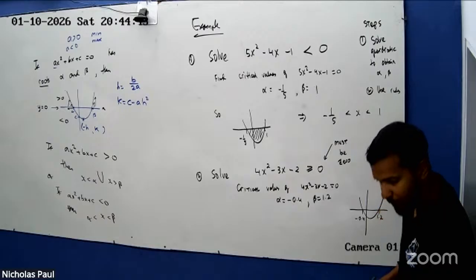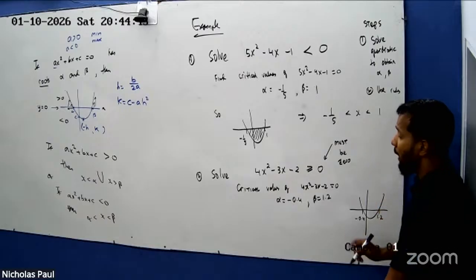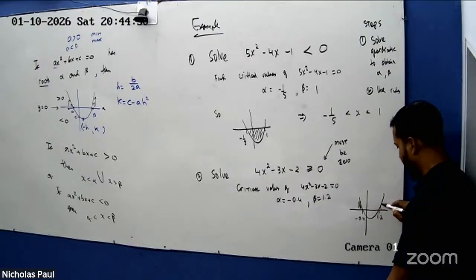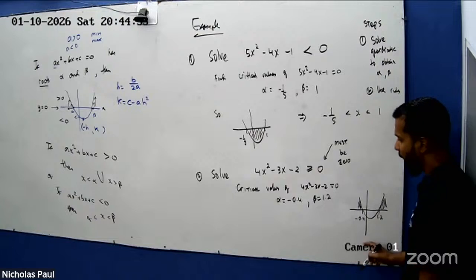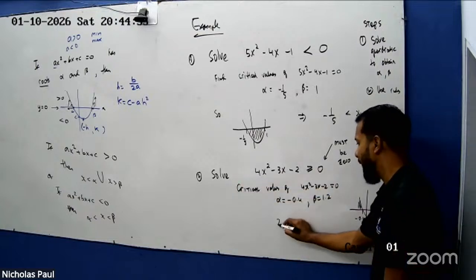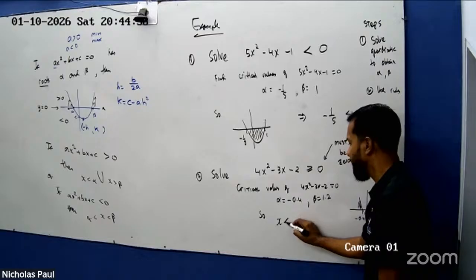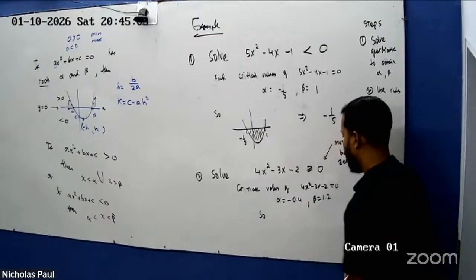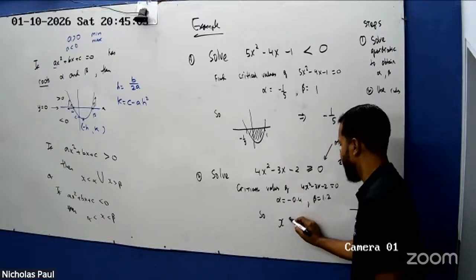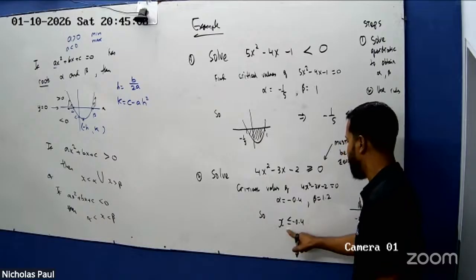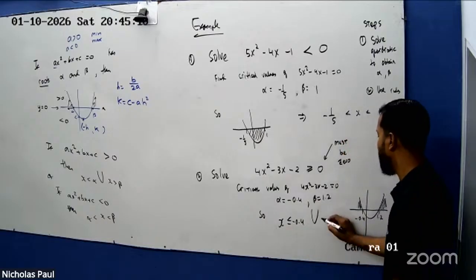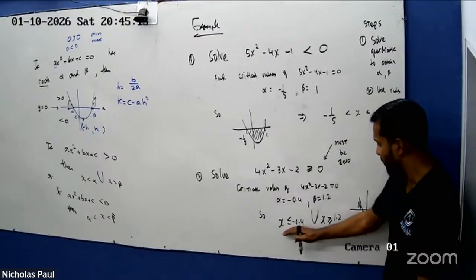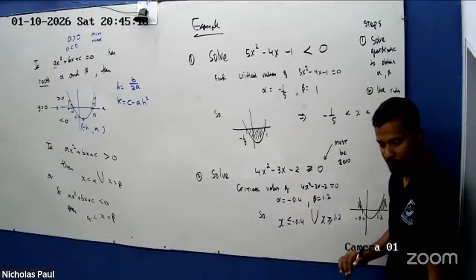I'll give you a few minutes to do it just now. The question says more than 0, so you shade in here. Then you write your solution set: x is less than or equal to 0.4 together with x is more than or equal to 1.2. This is your solution set. Okay, and that's it.